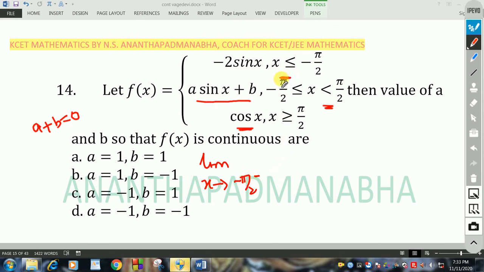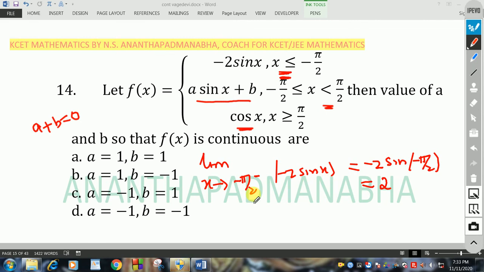See, I have here x less than or equal to, I have minus 2 sin x. So it is minus 2 sin of minus pi by 2. Sin of minus pi by 2 is plus sin pi by 2, which is 1. So this becomes 2 here.